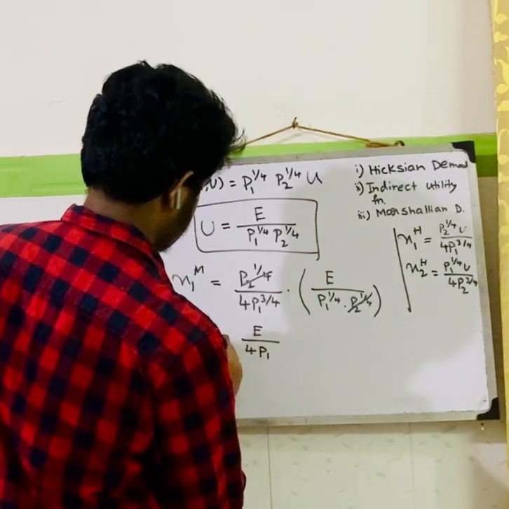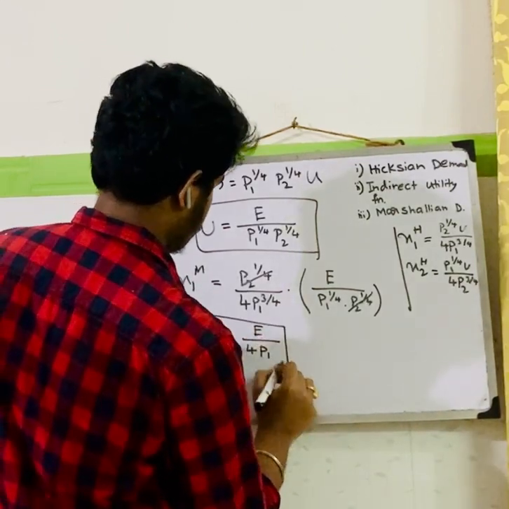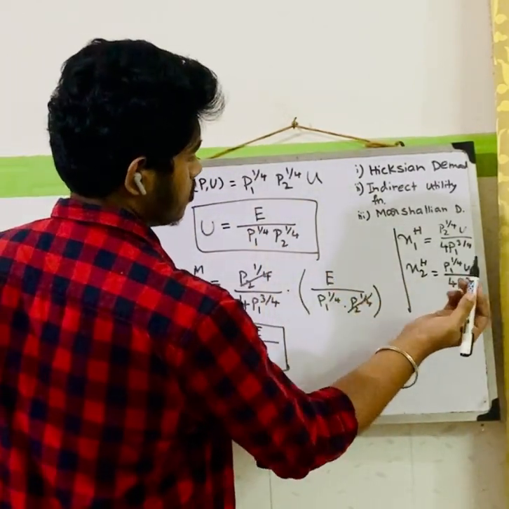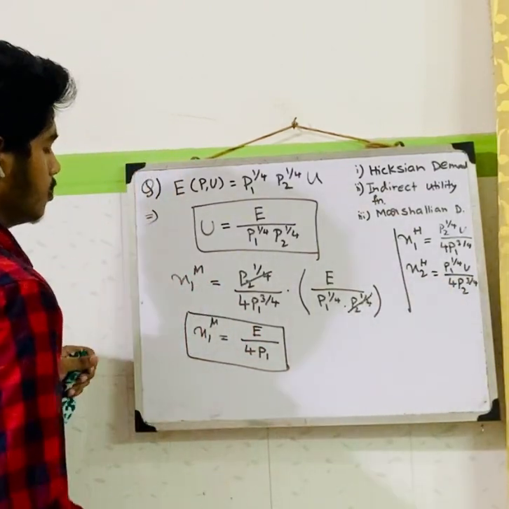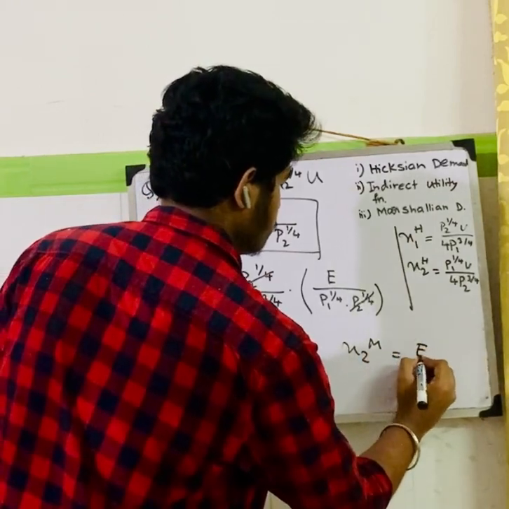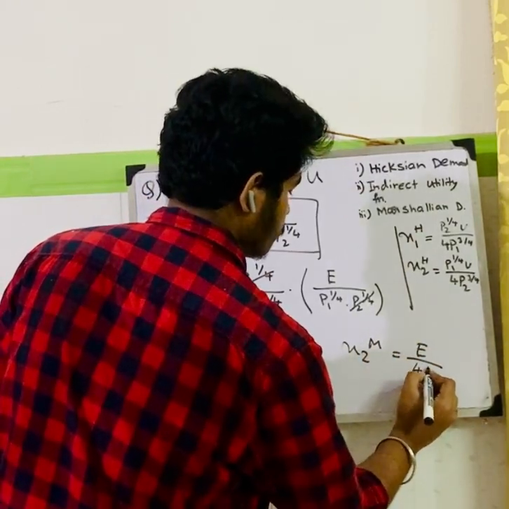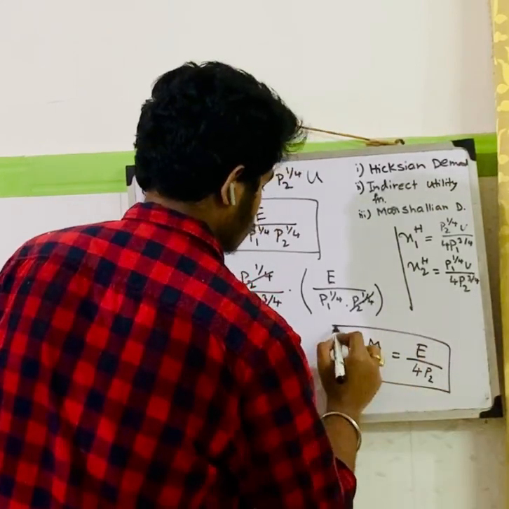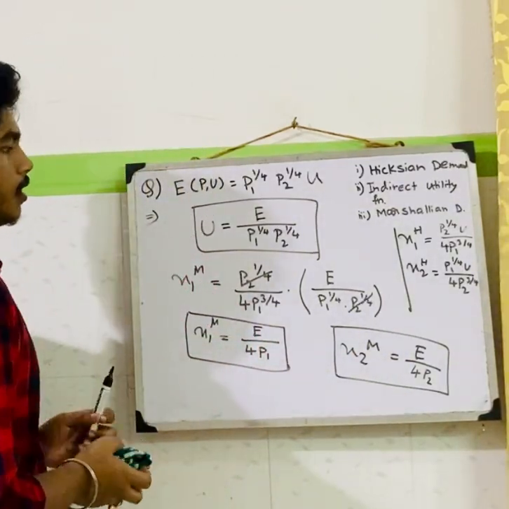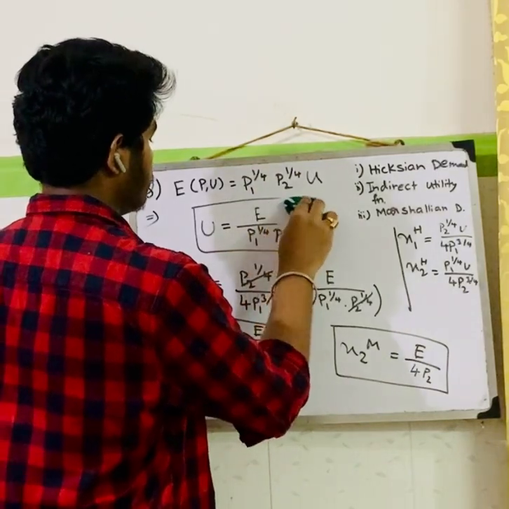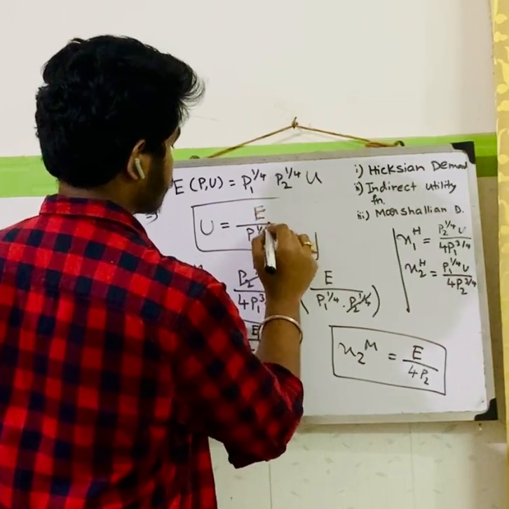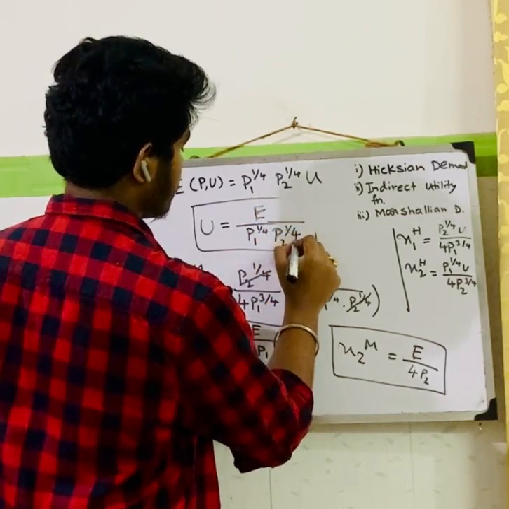So this is our Marshallian demand for x1. Similarly, we can just put expenditure function in x2's Hicksian demand, and we will get x2m equal to E by 4 P2. So this is our Marshallian demand. Now we'll try to derive Marshallian demand by Roy's identity.